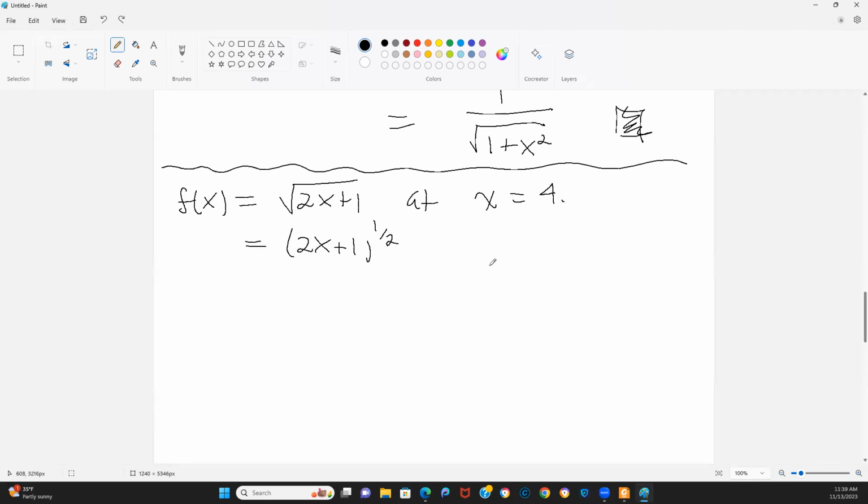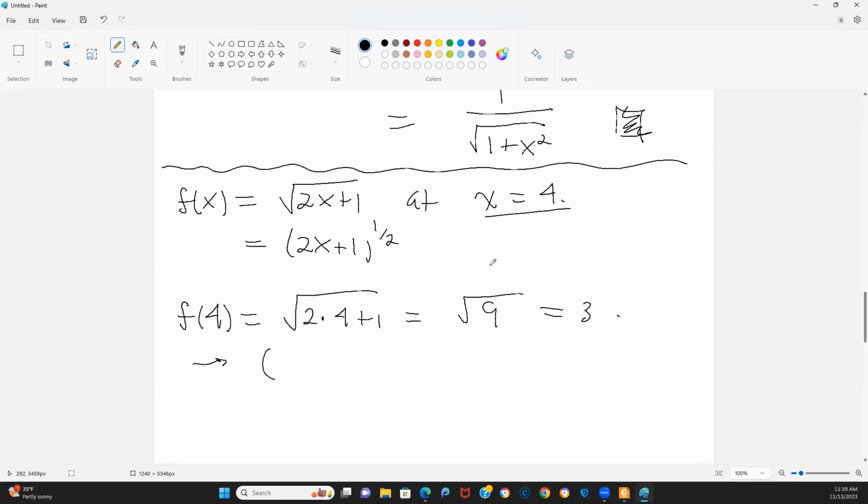We also need a point, so let's find that first. We have the x coordinate, so let's get the y coordinate. It's the square root of 9, which is 3. So we want the tangent line through the point 4 comma 3.